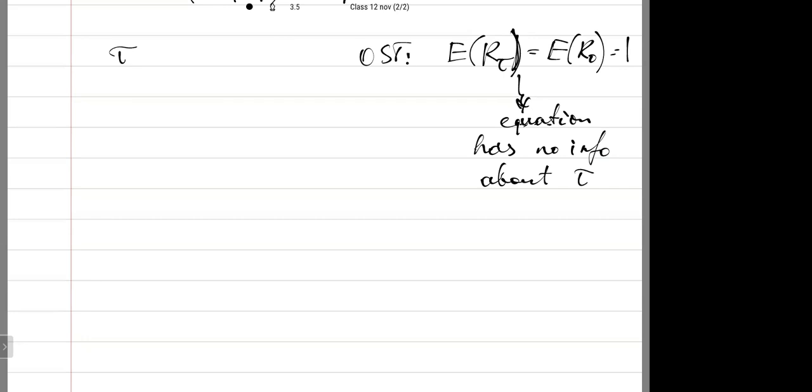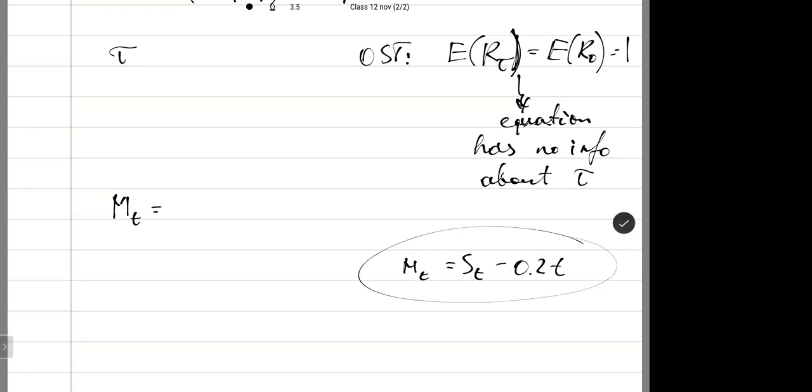So we'd like to create a martingale of a special form. We'd like to create a martingale M_t, something like, do you remember the martingale we created during the lecture? It was something like S_t minus 0.2t. M_t equals S_t minus 0.2t, and in this case M_tau was S_tau minus 0.2 tau.